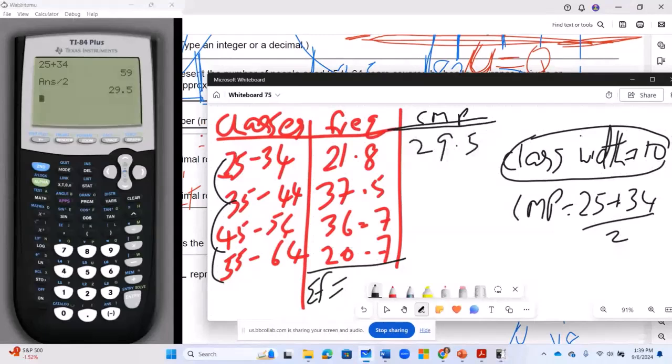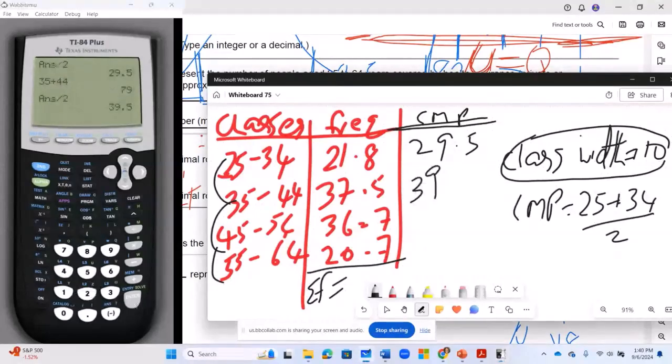The second class midpoint will be the first class midpoint plus the class width. But let's do it additionally: 35 plus 44, which is 79 divided by 2, 39.5.